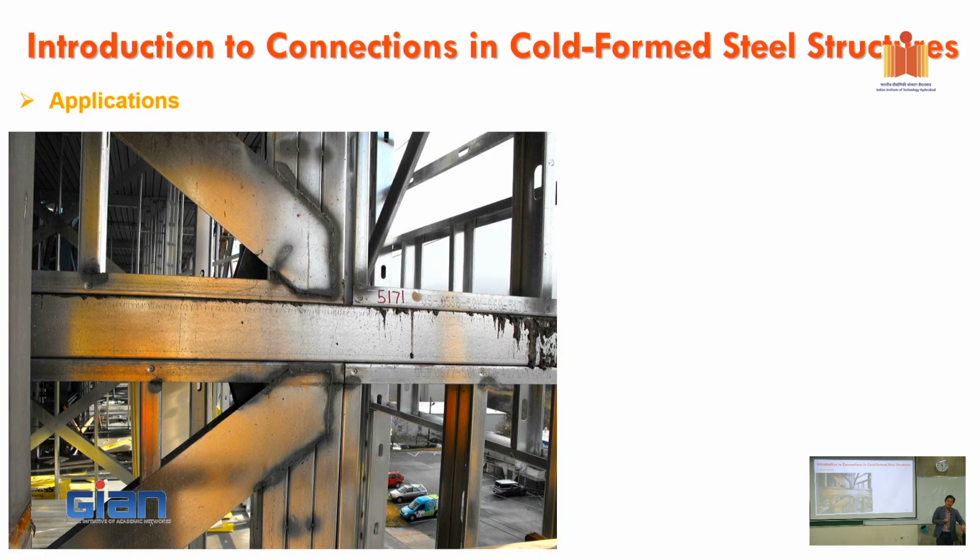The idealization here is that we treat each as a separate failure mode. We do not consider any interaction between the failure modes. That is why we keep it simple in connection design. I'll talk about the design equations later.